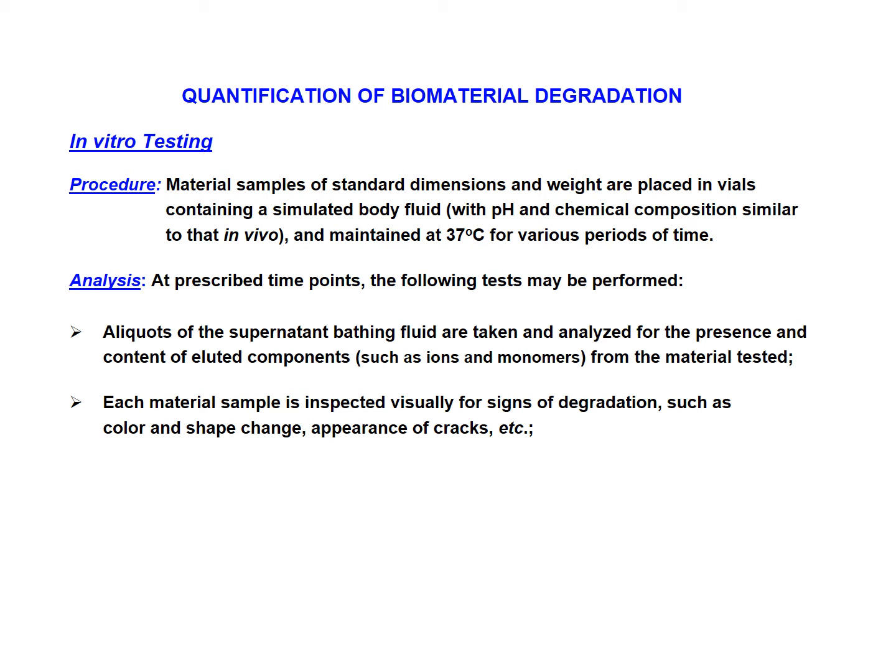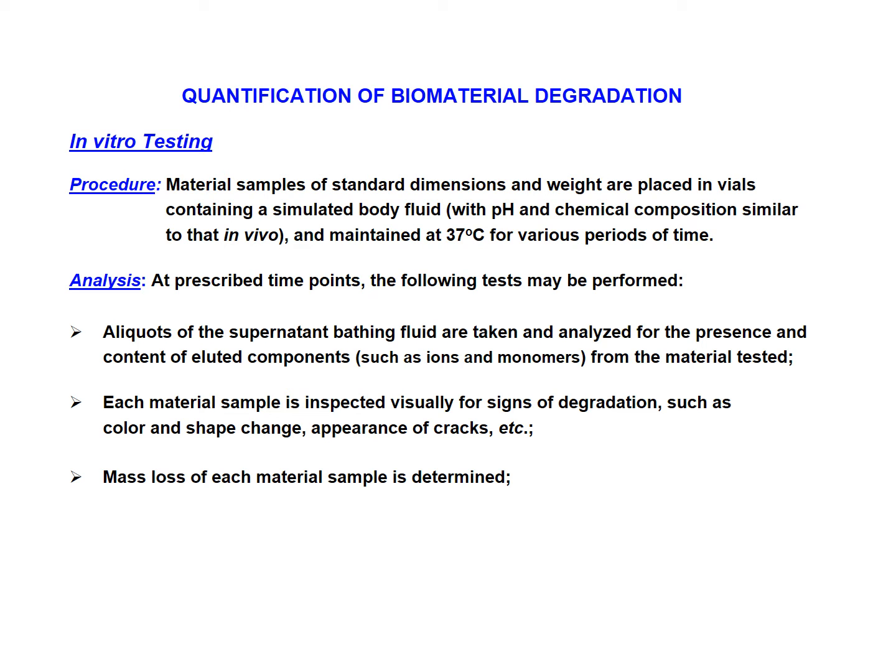Each material sample is inspected visually at the end of each time point for signs of degradation. For example, did the color of the specimen change? Did the shape change? Has the appearance of cracks occurred compared to the controls, which of course are maintained under conditions pertinent for that purpose?